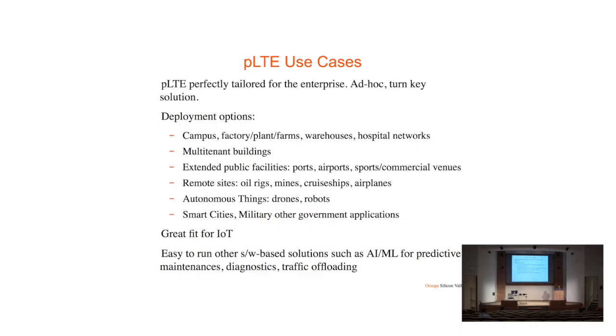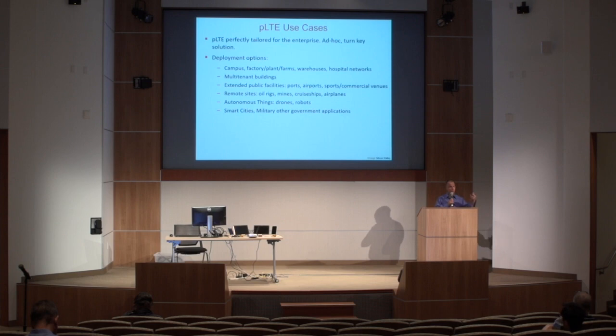Multi-tenant buildings, extended public facilities such as airports and ports, and other venues, entertainment or sport venues or shopping centers, remote sites, whether it's oil rigs or mines, and cruise ships, for instance, or airplanes, if you like, autonomous things, drones and robots, and also smart cities and other type of government type of applications.